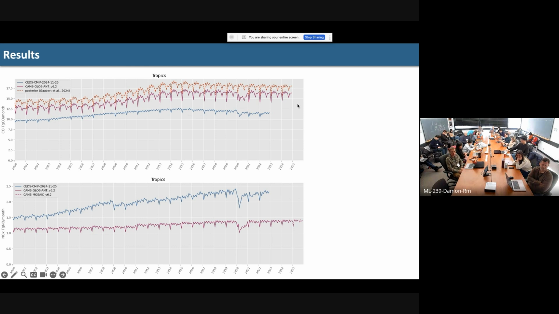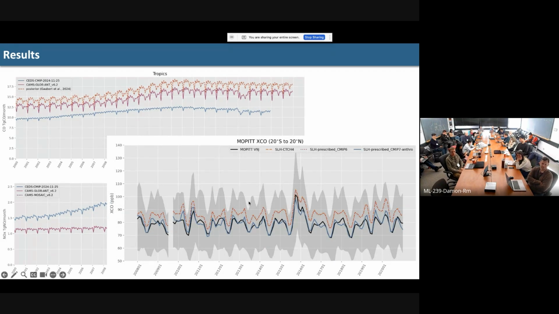Yeah, so which is kind of interesting because the biases are a bit reversed. I mean, the spread is still quite large for emission inventories, but it's also what we're used to.